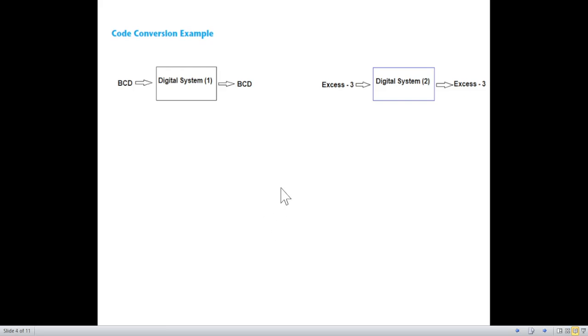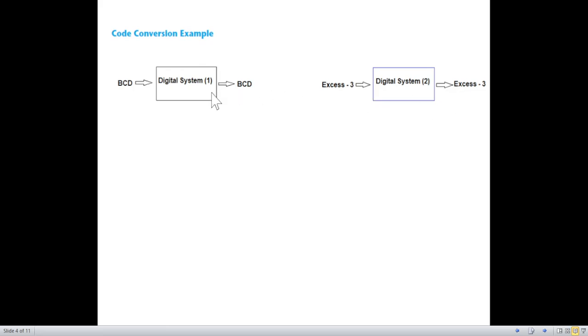Okay, now we'll discuss the need for code conversion. Let's say we have two digital systems. One understands only BCD, so input is BCD, output is BCD. And there is another digital system which only understands Excess-3 code, so Excess-3 in, Excess-3 out.